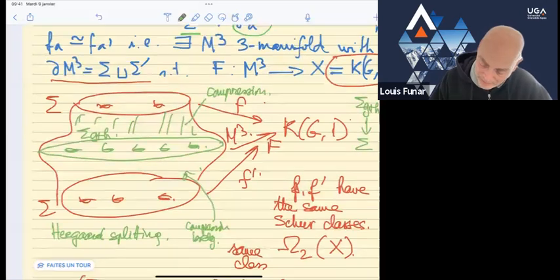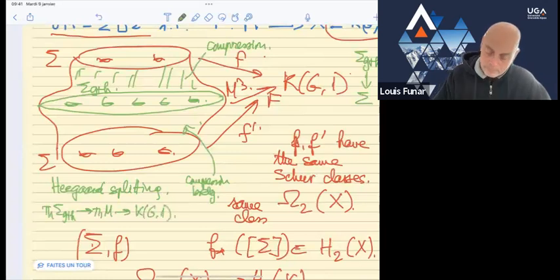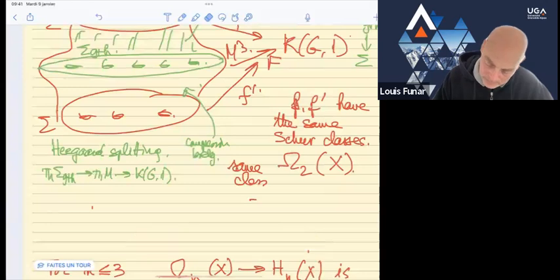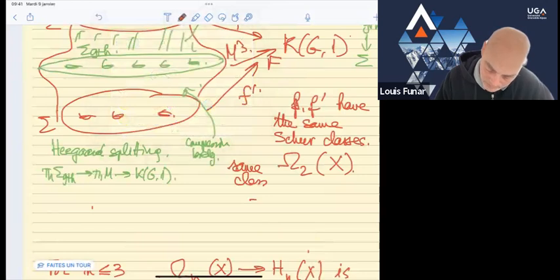From sigma G plus H, I obtain sigma by crushing a number of one handles. This is corresponding exactly to the fact that the map from pi1 of sigma G plus H into pi1 of M into KG1 corresponds to a pinch.